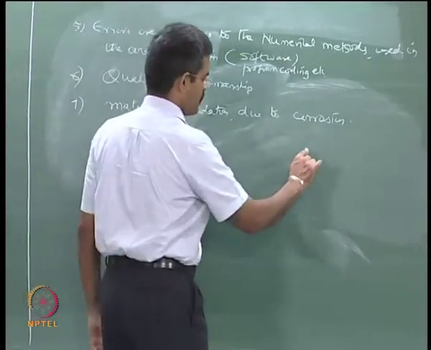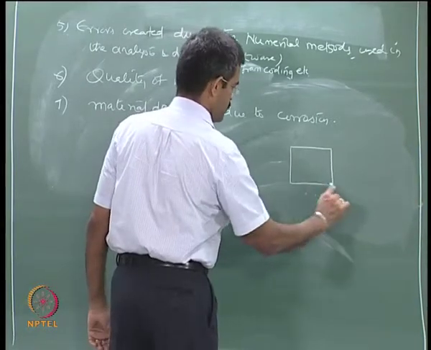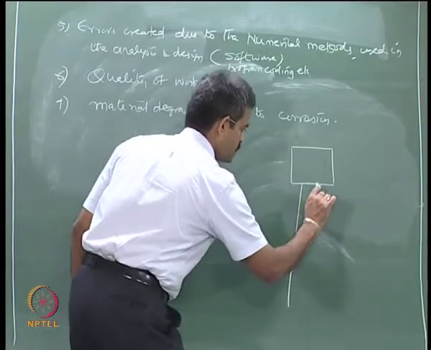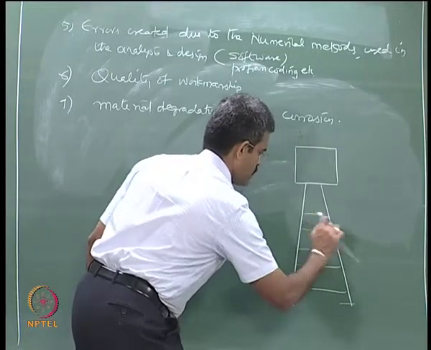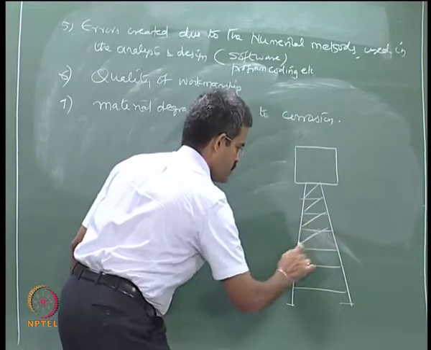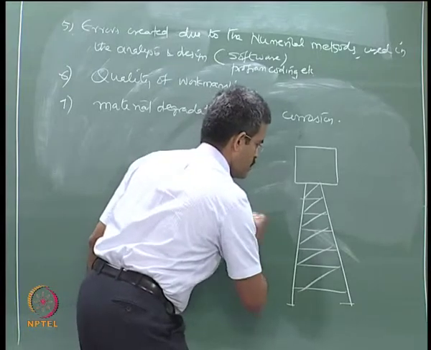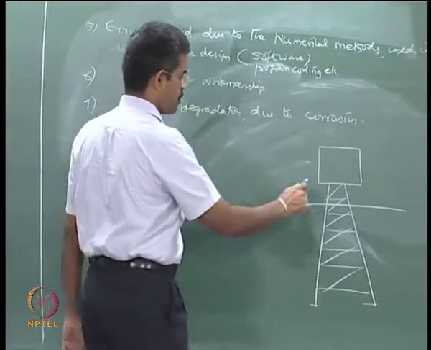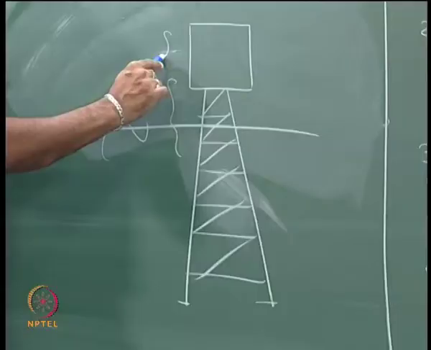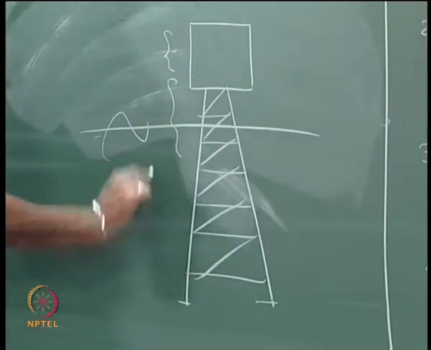As we understand, if I talk about a jacket structure, you will know that this area is going to be the splash zone, an aerated zone, this is middle and deep water zone.